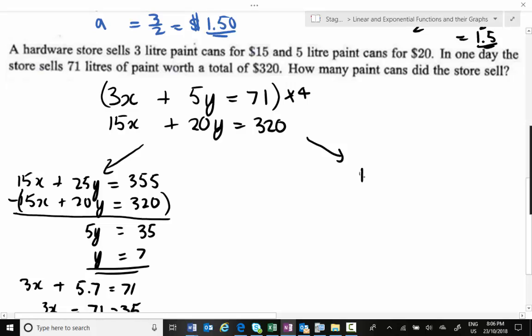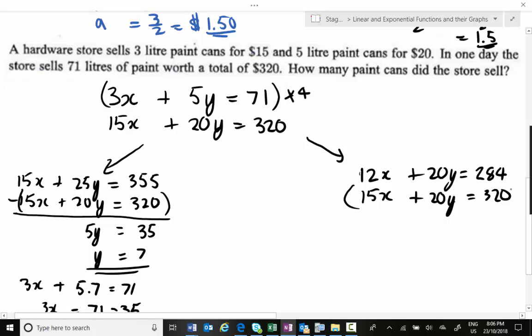That's going to be 12x plus 20y. Now 70 times 4 is 280, and 1 times 4 is 284. And you're going to have 15x, and then you're going to have plus 20y equals 320.